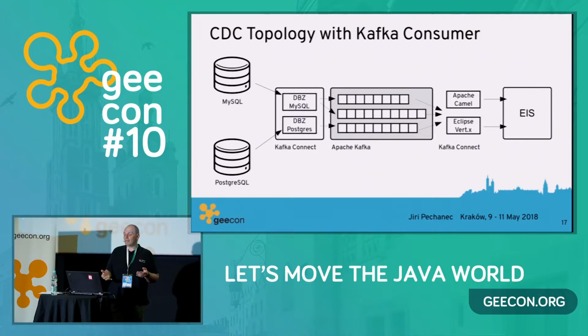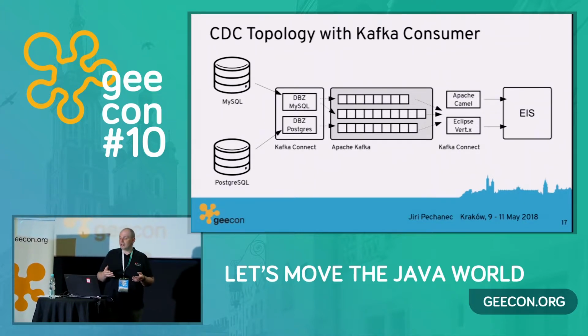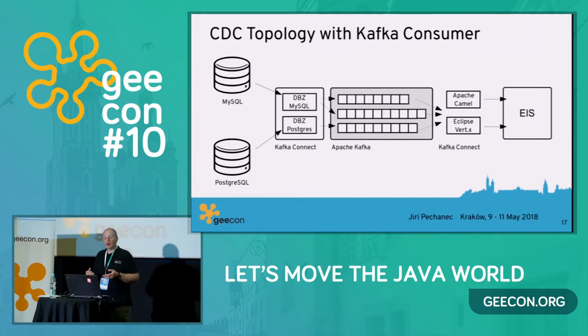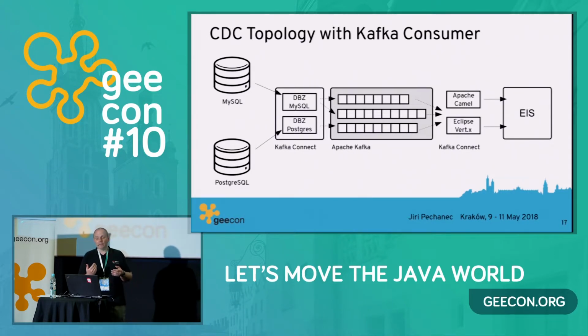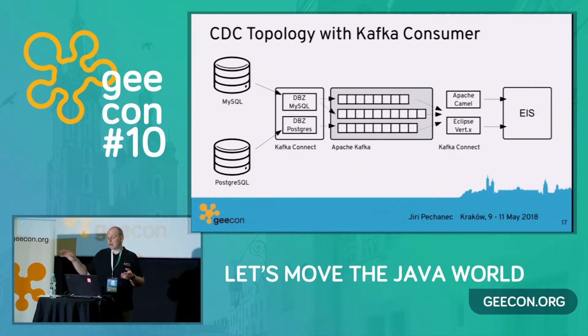In this example, you have Apache Camel with the Kafka module, or Eclipse Vert.x, again with specific support for Kafka, which are receiving the changes from the topics and streaming them to a downstream system. In this case, it can be a legacy enterprise information system.